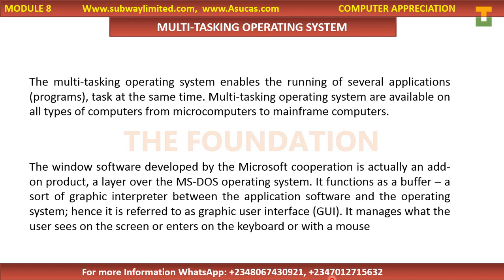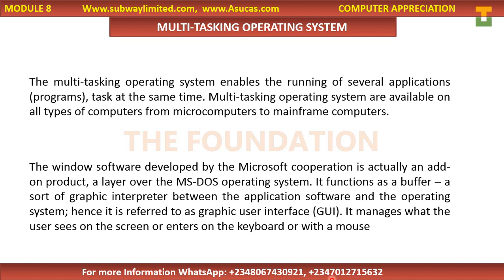Windows software was developed by Microsoft, with Bill Gates, the CEO of this company. They are the people that came up with the Windows operating system, and it's a user-friendly operating system.